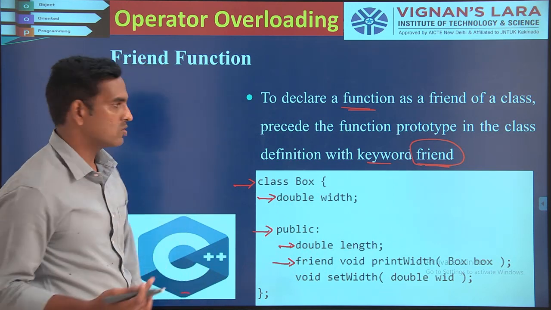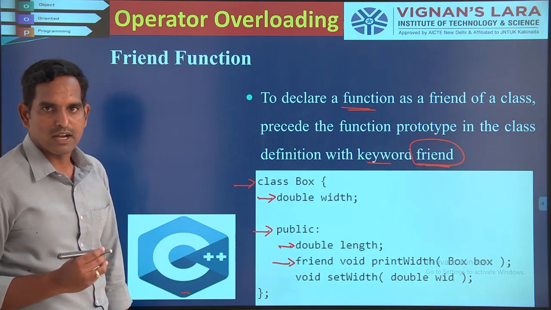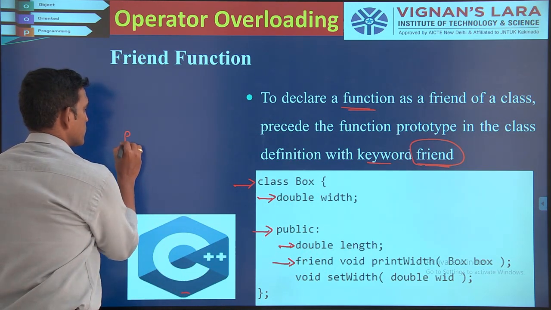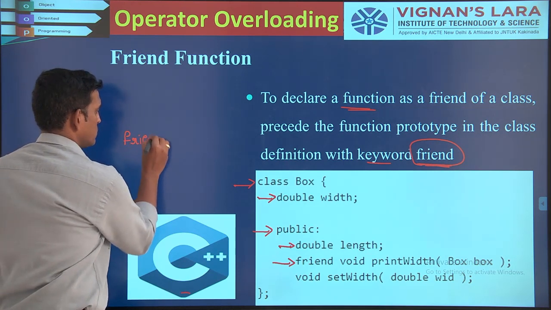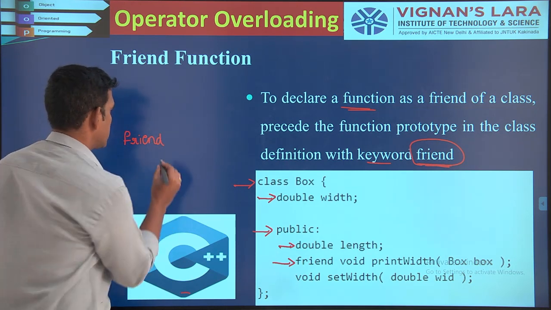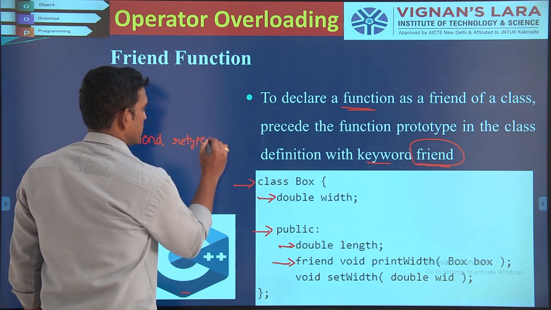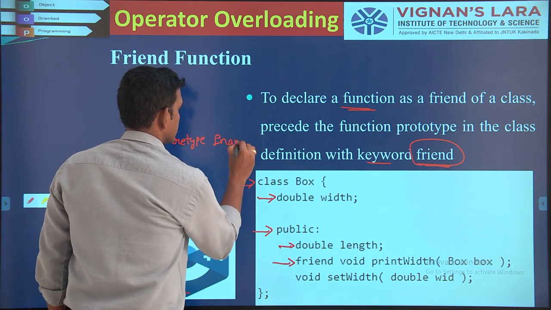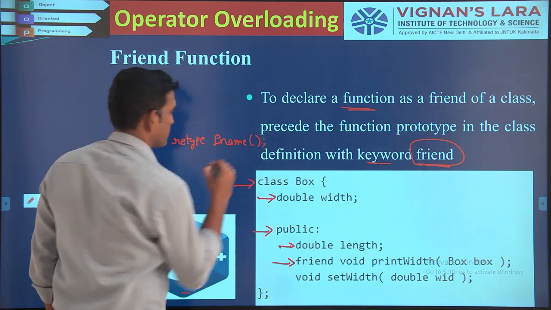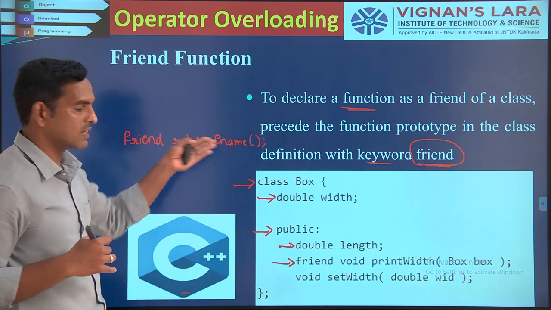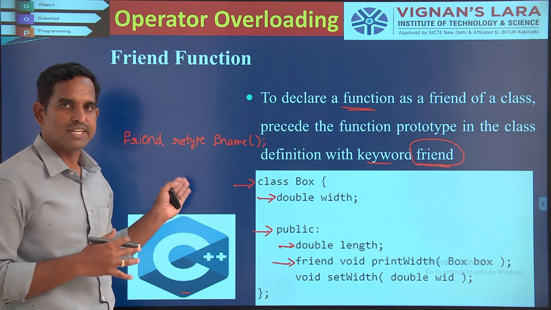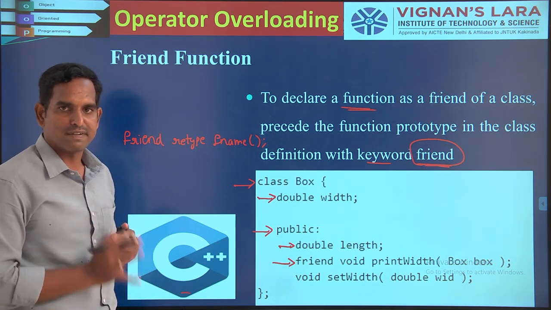So in order to declare a function as a friend function, you use the keyword friend, after that you write your return type, then your function name, then arguments and a semicolon. This is the function prototype you have to write for declaring a function as a friend function.